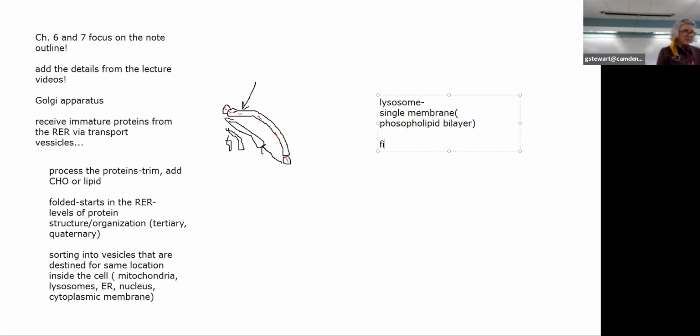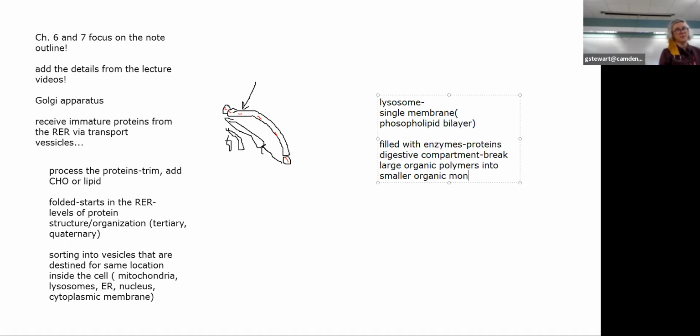The lysosome is filled with enzymes. This is a little ahead of us. Enzymes are proteins that have a specific function. People talk about the lysosome as a digestive compartment. That's because the enzymes in there, the proteins in there, can break large organic molecules into smaller organic molecules.